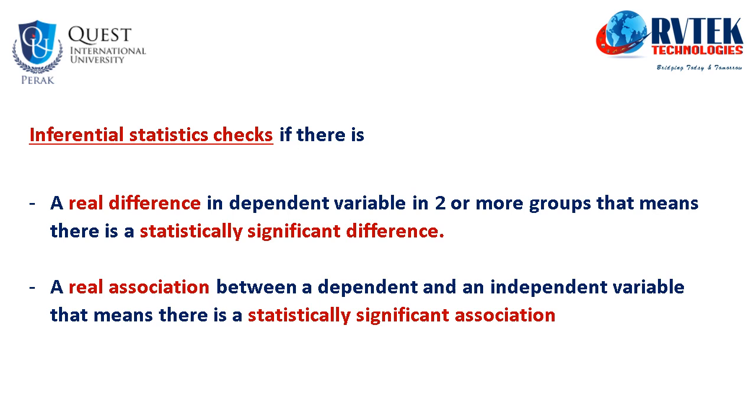So if a higher proportion of smokers get lung disease compared to the proportion of non-smokers, that means there is a significant difference between smokers and non-smokers related to the dependent variable. Okay.